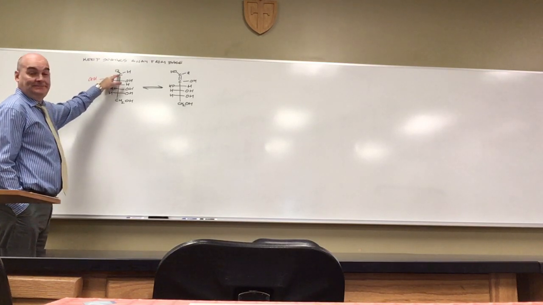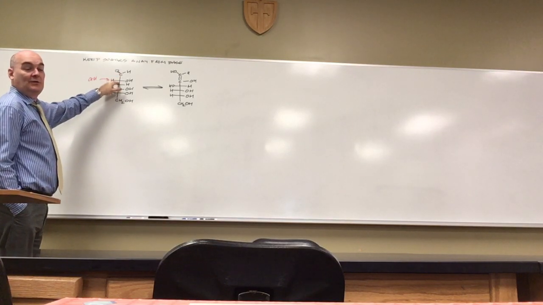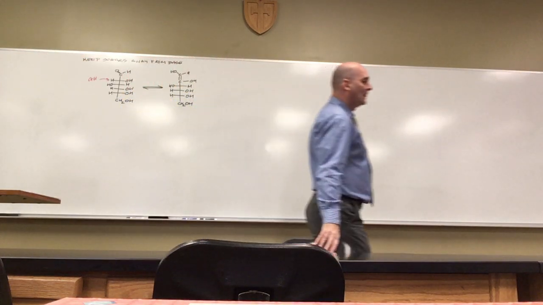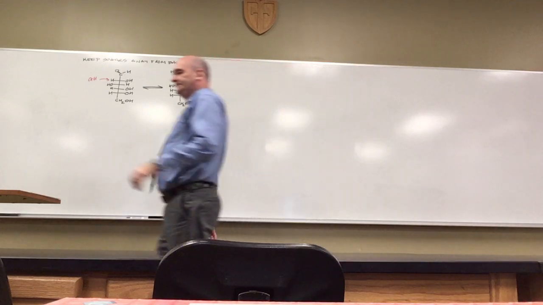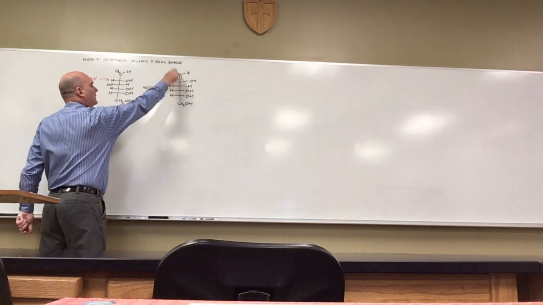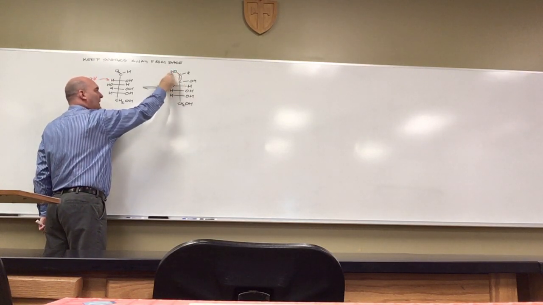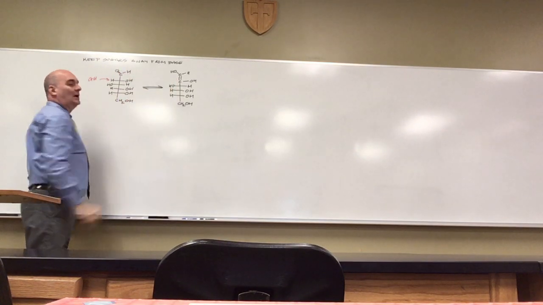It's the carbonyl one position away. There's a hydrogen on that carbon, therefore that hydrogen is a little bit acidic. Put it in base, I can enolize that position and make this enol. There's the ene, there's the ol. So I have an enol here, which of course can reform to make the aldehyde.